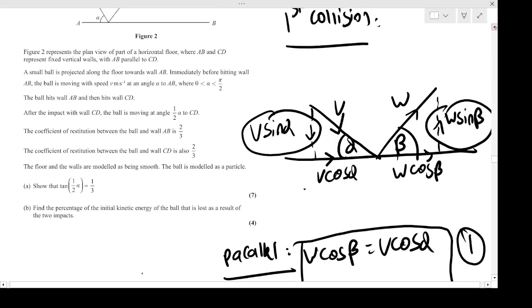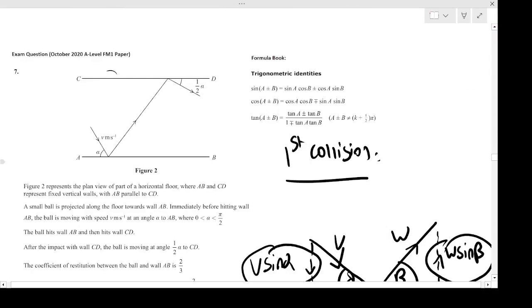So then let's consider the next collision. This is going to be w here. As I said, this angle here is beta. Then we're going to approach with this angle here, which is also going to be beta in this instance up here, right? Because notice I've got two parallel lines, so I'm going to need to think back to GCSE. And remember, I've got a Z shape, right?